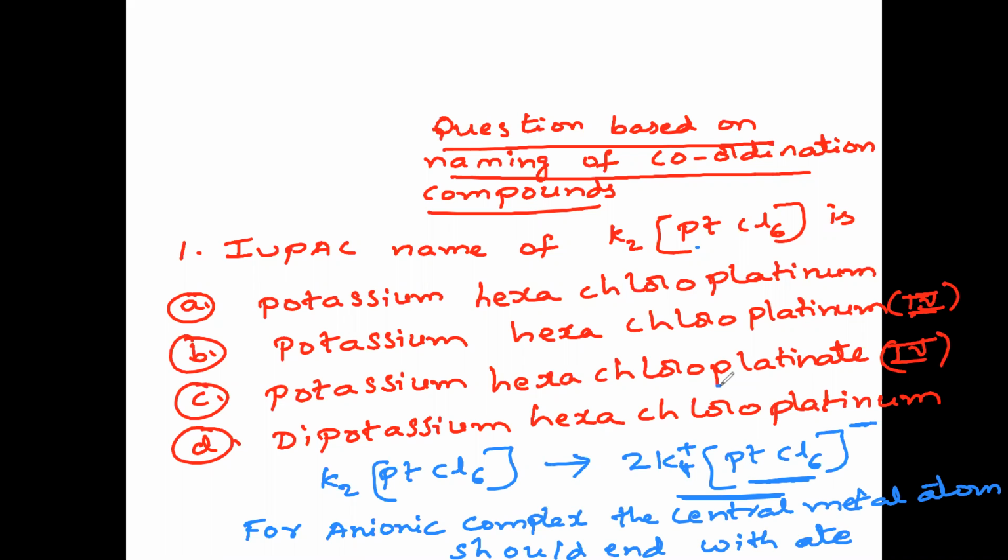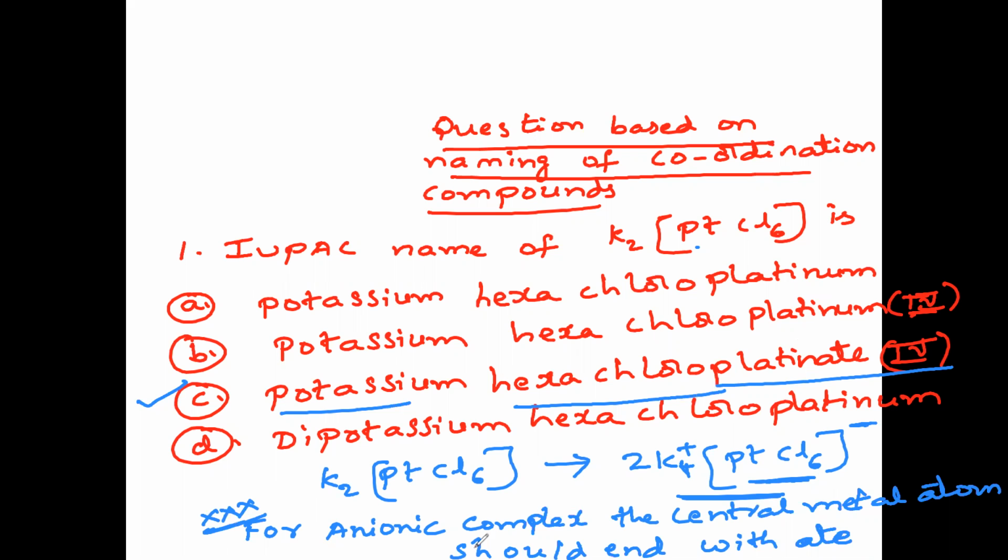So platinate 4. So the answer is potassium hexachloroplatinate 4. Potassium hexachloroplatinum 4 will not come. If it were a cationic complex, the metal would keep the same name. As this is not a cationic complex but an anionic complex, you should know the reason also. When you know the reason, you will definitely apply the concept in the examination. That's why knowing the reason is very important.